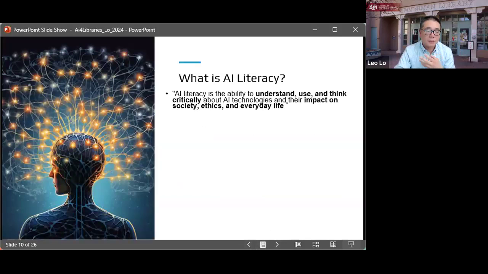I'm not sure. There are some other definitions out there, but this is mine that I quite like, because I think it covers the things it should cover. AI literacy is the ability to understand, use and think critically about AI technologies and their impact on society, ethics, and everyday life.